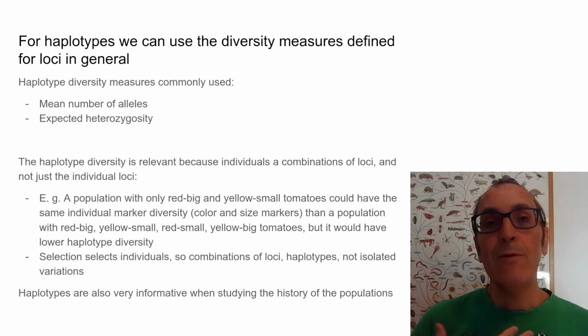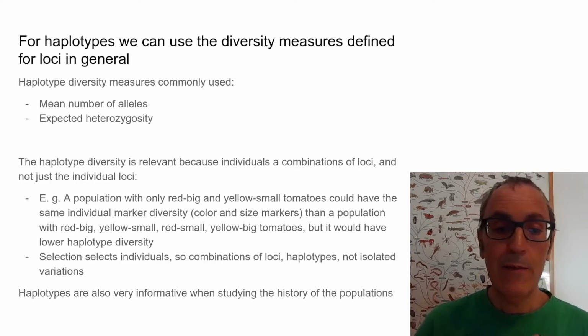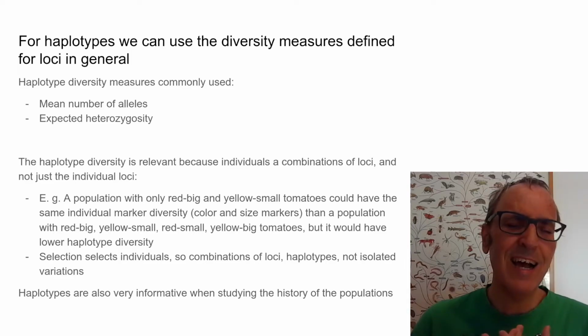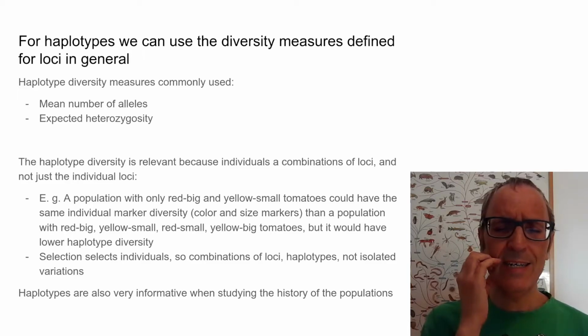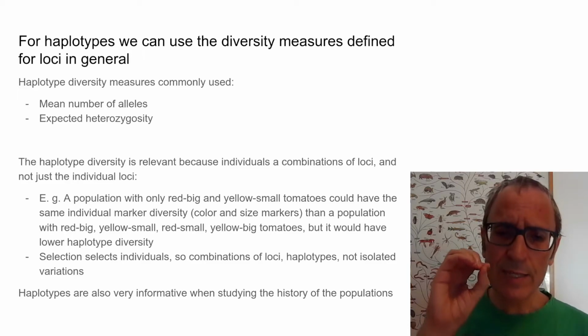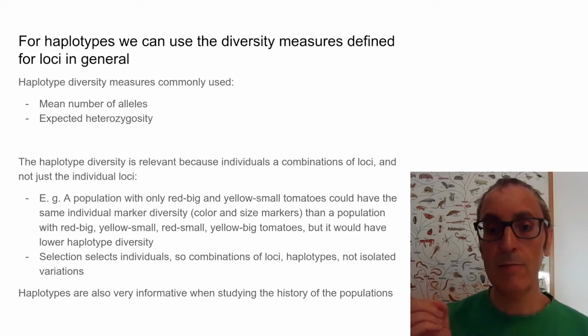So the haplotypic diversity is interesting because it reflects a different kind of diversity, and it's a diversity that matters because selection selects individuals. The individuals reproduce or do not reproduce, not the isolated markers.